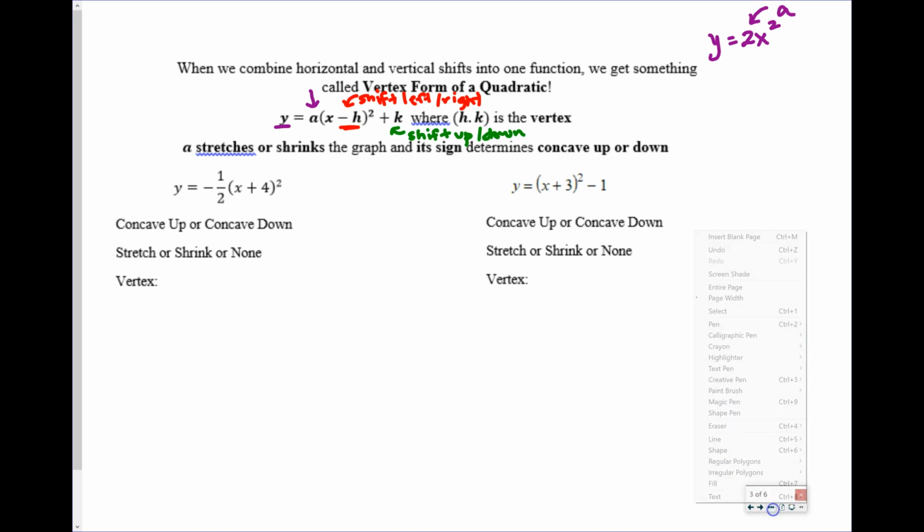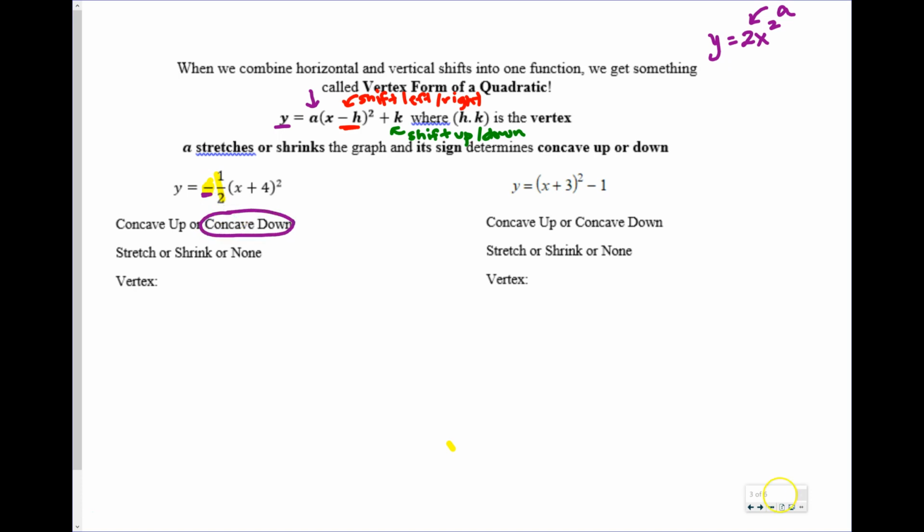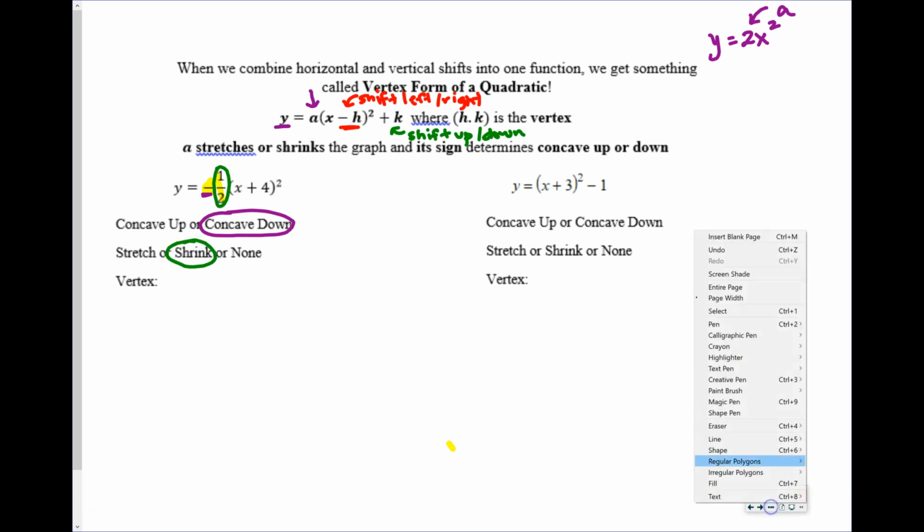So when I look at this first equation, y equals negative 1/2 (x plus 4) squared, this right here, that is my a value, that negative 1/2. The negative, this minus sign right here, tells me that that's concave down. The 1/2 tells me that that is going to be a shrink. We learned that in the last learning target. And now I'm going to take a look and see what my vertex is going to be.